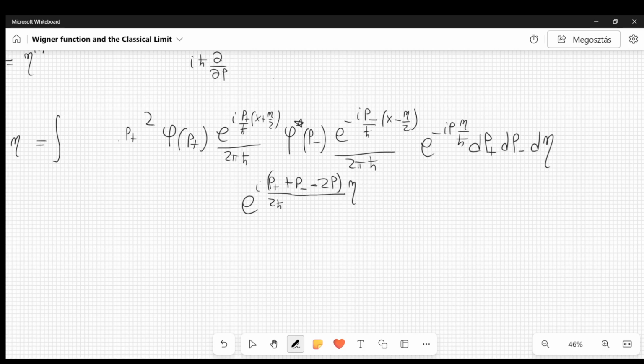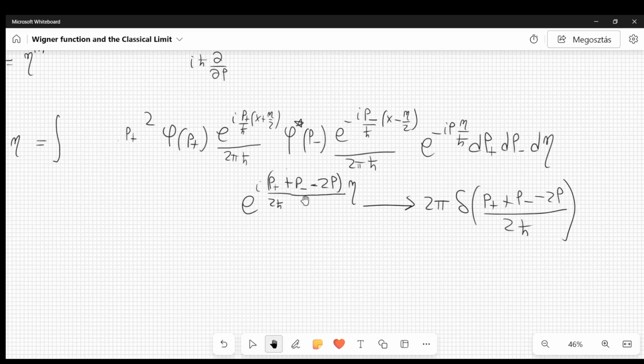After we integrate over eta, since this is the only part that contains eta, which is due to this and this and this, we get 2 pi delta of (p plus p minus minus 2p) divided by 2h bar. So this occurs when we integrate over eta.